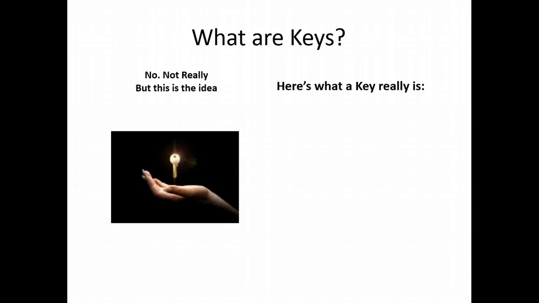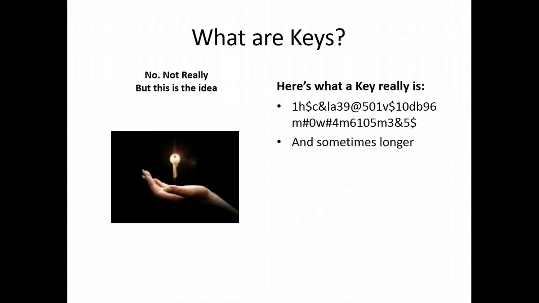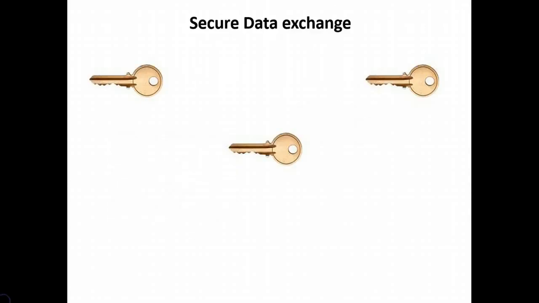Because here's what we're really talking about when we talk about keys to the network. These numbers, letters, strings of characters, what have you, are sometimes longer, but that's what we're talking about when we talk about keys for our network. And if we want secure data exchange, we have to understand which keys are best for us to use.